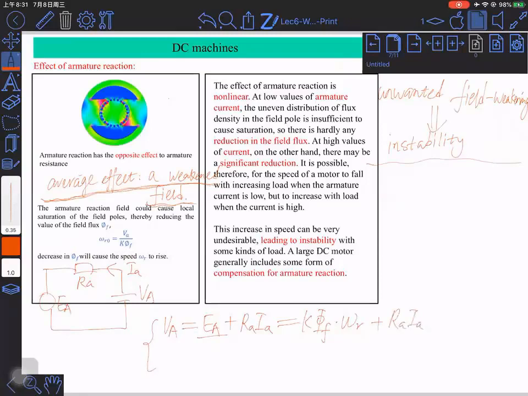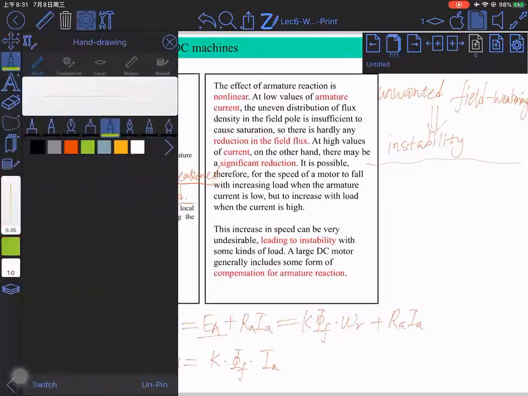And the other is the torque, which is equal to K times the field flux times the armature current.